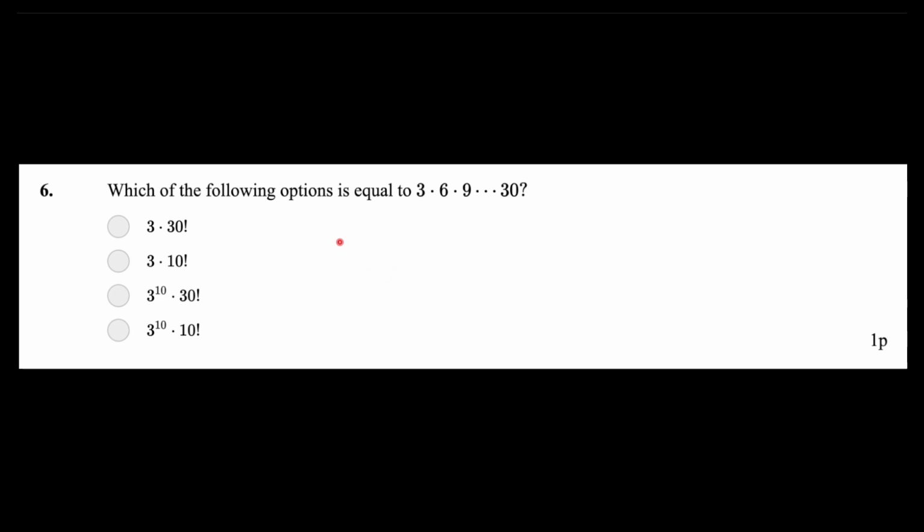This was just designed for factorial, and these options, designed from a little bit psychological point of view, actually worked because many of you made a mistake in calculating the final answer. Which of the following options is equal to this product? 3 times 6 times 9 up to 30.